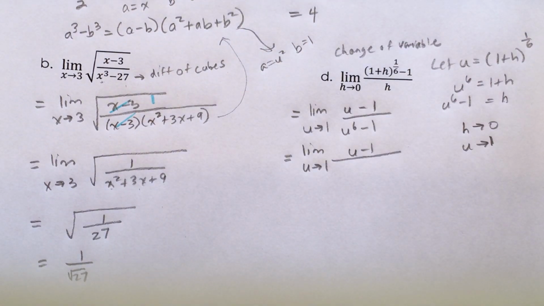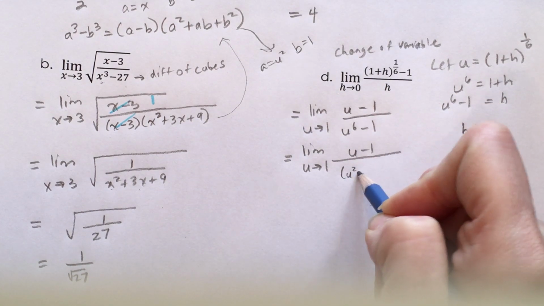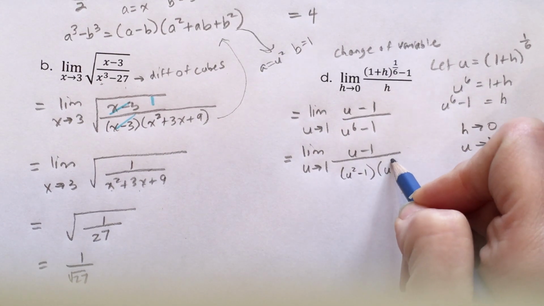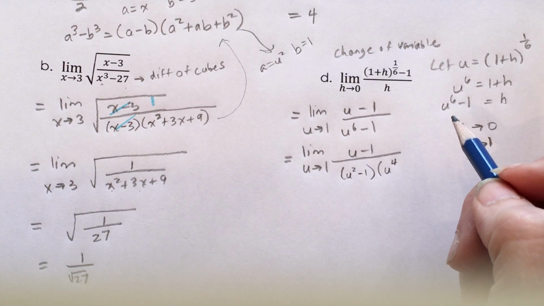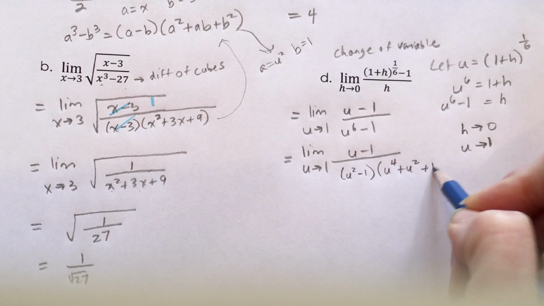Okay, so going by that, we would get u squared minus 1, and then we want u squared squared, so u to the fourth plus u squared times 1, so plus u squared plus 1 squared, which is 1.